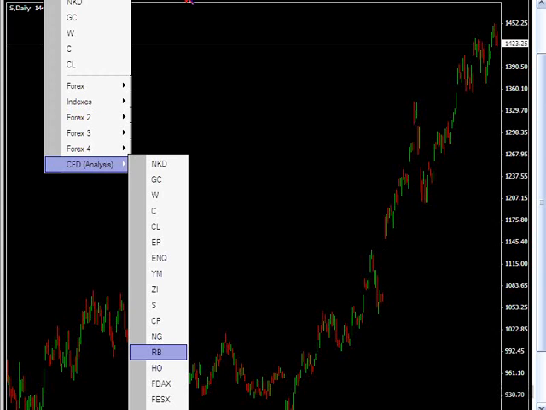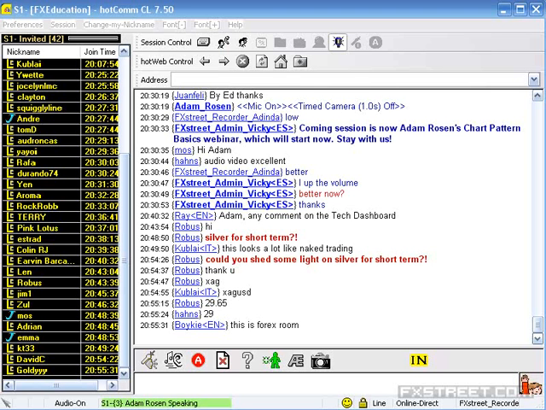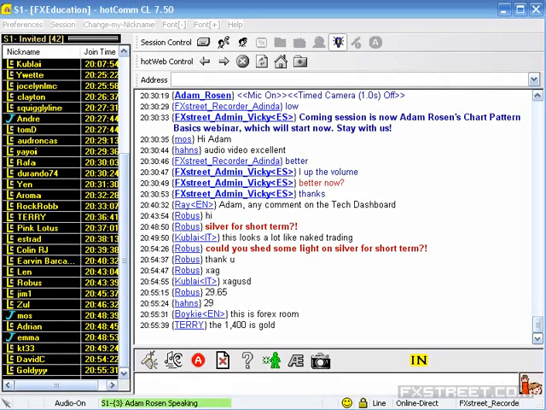Let's try to find it. Let's see here. MetaTrader silver symbol. Yeah, I know gold is up near 1,400.